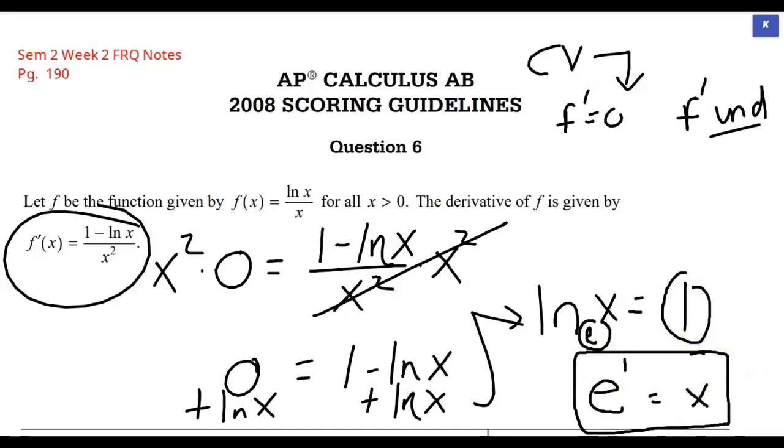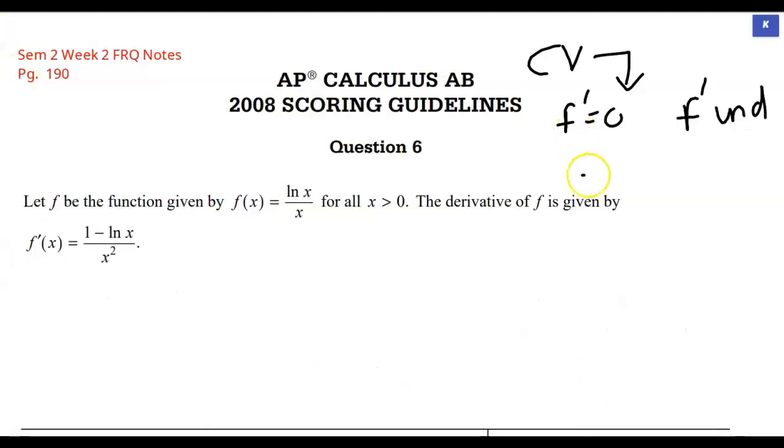Okay. So we have one critical value. It's e. Let's see if we can find another critical value. I'll put that answer here because that's where I said it equals 0. What about where f is undefined? Well, this function would be undefined anytime the bottom equals 0.